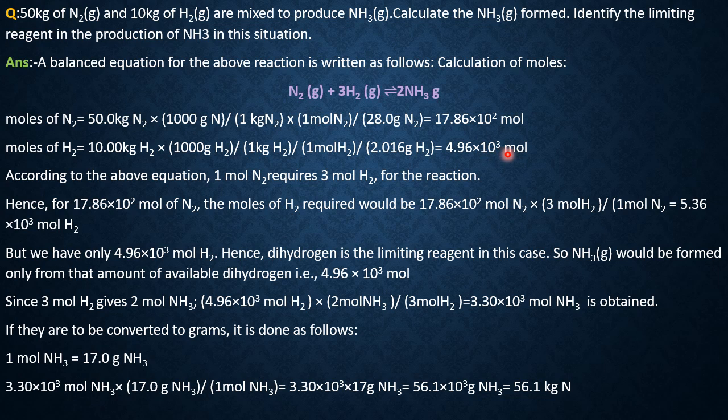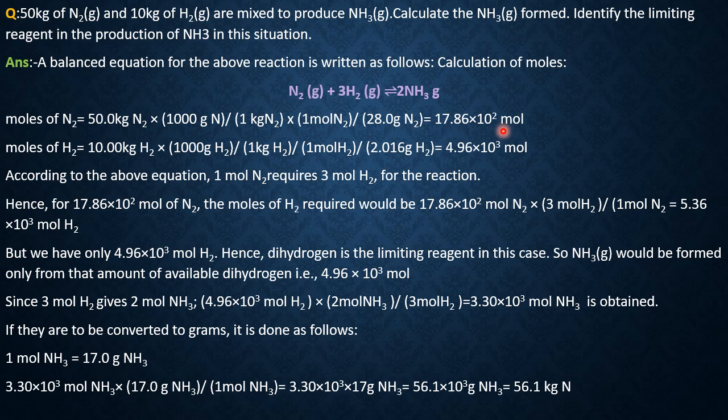Now, out of these two, which one is the limiting reagent? To check this, we have to see the balanced chemical equation. 1 mole of nitrogen requires 3 moles of hydrogen. Now, how much are we using? 17.86 into 10 to the power 2 moles of nitrogen.